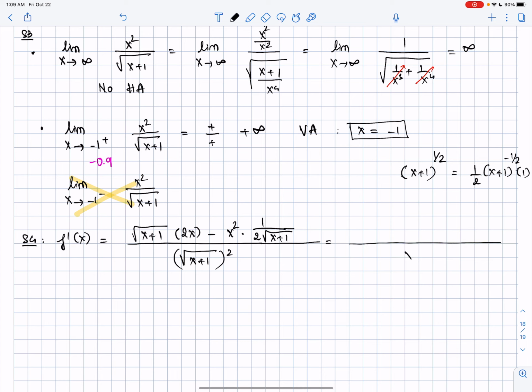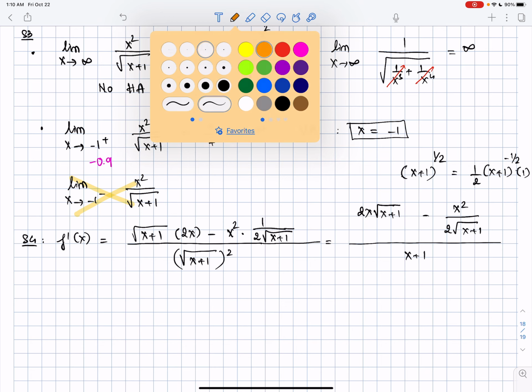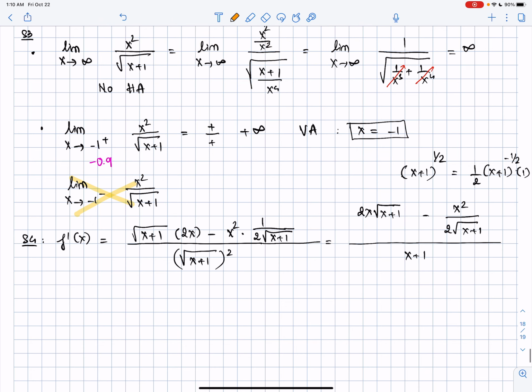We will clean up a little bit. So we will have 2x times the square root of x plus 1 minus x squared over 2 times the square root of x plus 1 on the top. We will find the LCD. The LCD will be 2 times the square root of x plus 1.